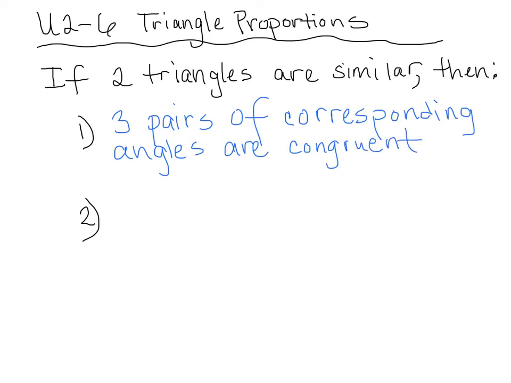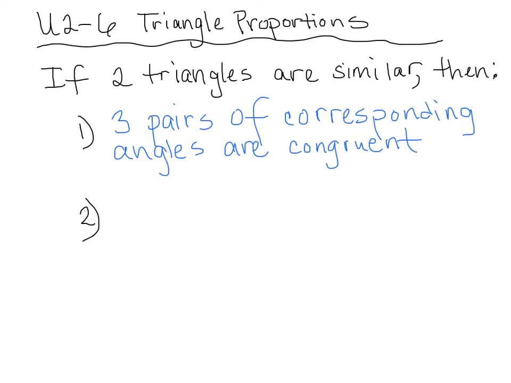Okay, then the second thing that was true had to do with the sides, right? Now the sides were not identical in length, right? That would be congruent triangles. But the ratios were the same of those corresponding sides.